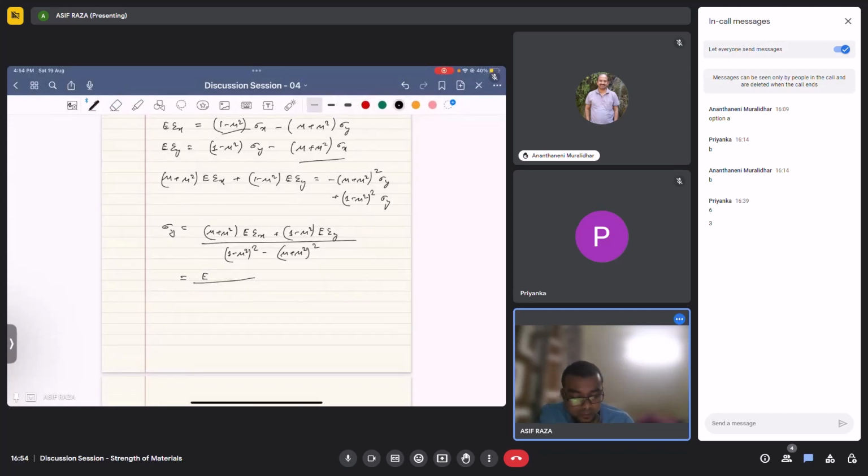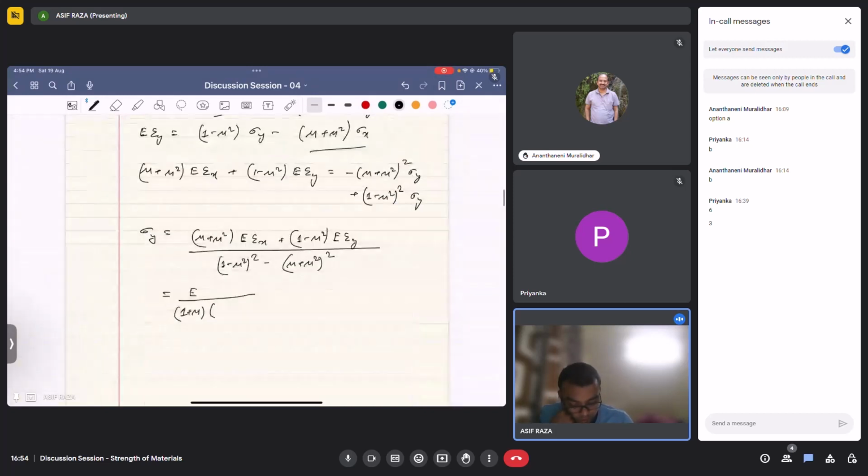So 1 minus a square minus b square, this would be a plus b into a minus b, that is 1 plus mu, and this would be equal to 1 minus, a plus b, mu square, a minus b, and this would be equal to minus 2 mu square.